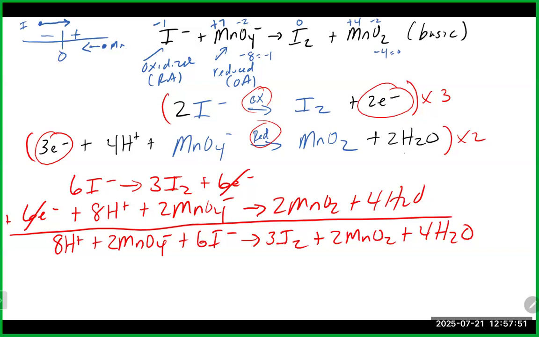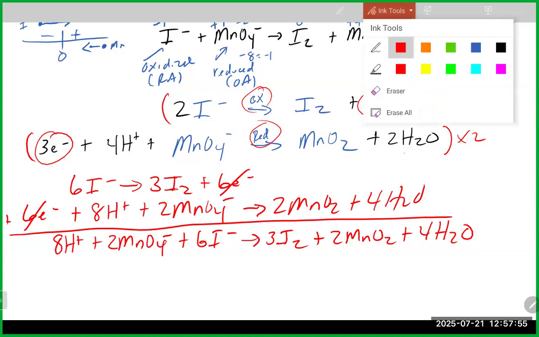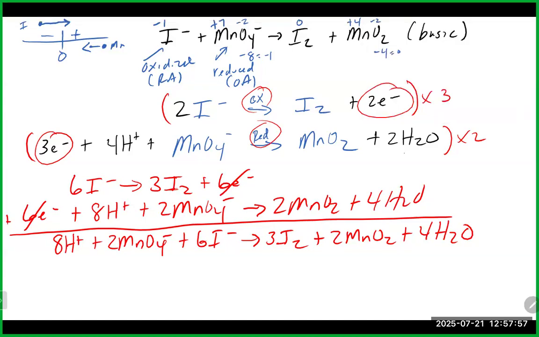But we are looking for basic conditions. So we're going to now turn this into basic by adding an equal number of OH minuses to both sides, equal to the H pluses we have, which in this case would be 8 OH minuses to both sides. Again, the side here that has H plus and OH minus, they will combine to make 8 waters, which typically can be reduced down.